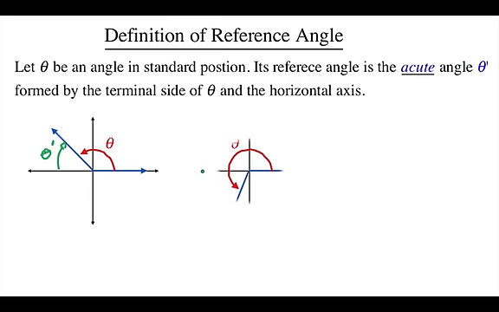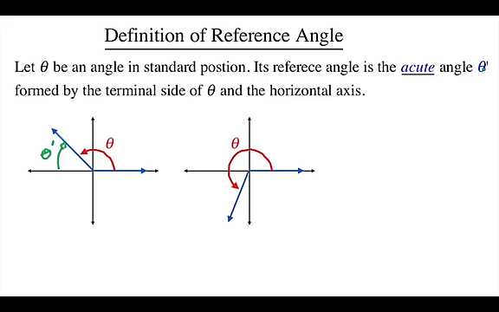Another example. This is your theta. So your reference angle is, again, the acute angle theta prime formed by the terminal side of theta and the horizontal axis.